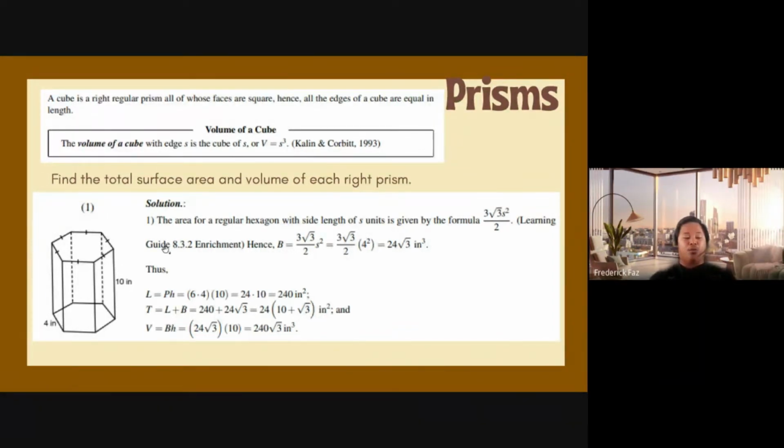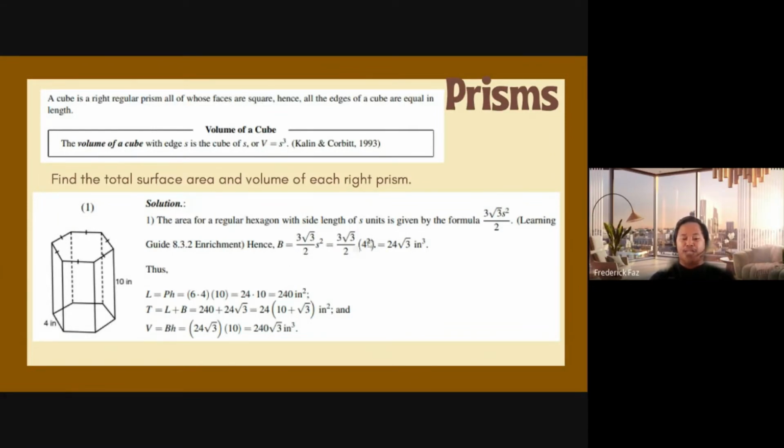To find the area of the regular hexagon, which is our base, with side length S, we have a formula. This will help us solve for the area of the base if the given base is a regular hexagon. So B is equal to 3 square root of 3 over 2 times S squared, where S represents the side length of the hexagon. So we have 4.